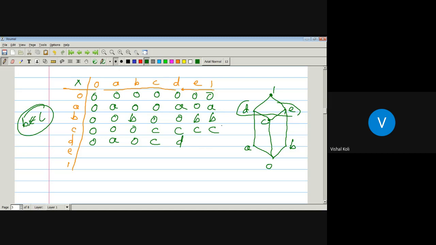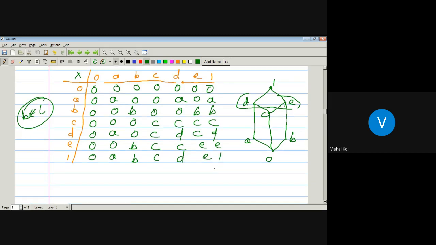C. Which is C. D with 1, D. E with 0, 0. E with A, 0. E with B, B. E with C, C. E with D, C. E with E, E. E with 1, E. 1 with 0, 0. 1 with A, A. 1 with B, B. 1 with C, C. 1 with D, D. 1 with E, E. 1 with 1, 1.